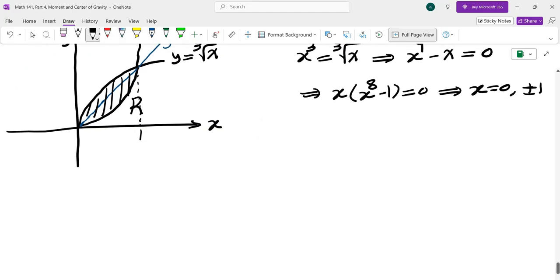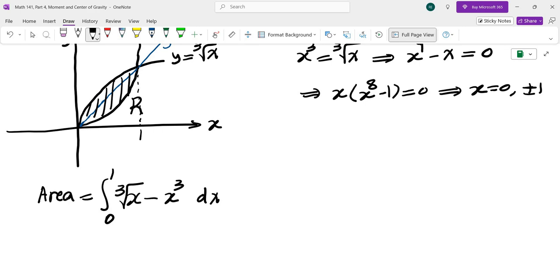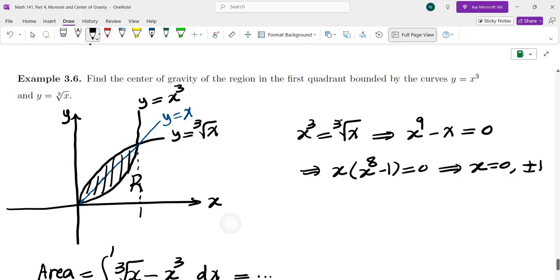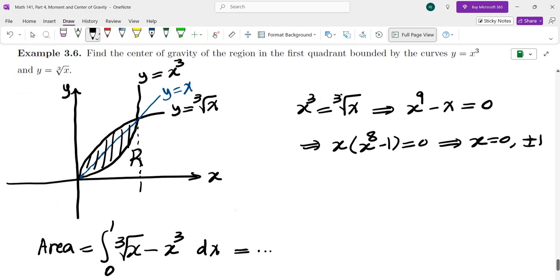Area is the integral from 0 to 1 of cube root of x, which is the top one, minus x cubed, dx. This is pretty easy to evaluate because these are powers, so we use the power rule. We can evaluate these. And then we need to find the moment.